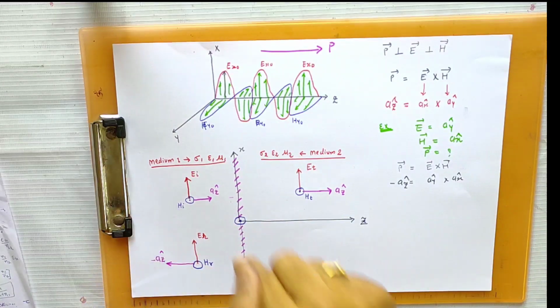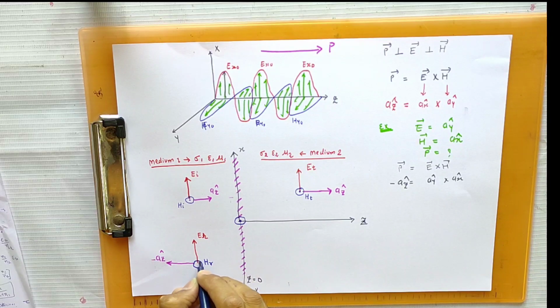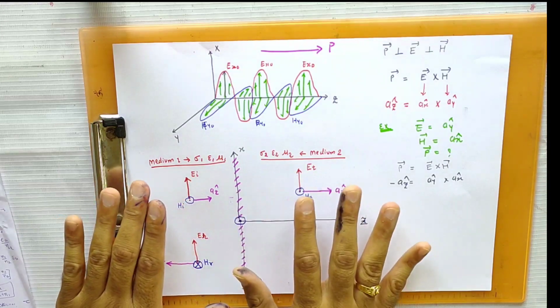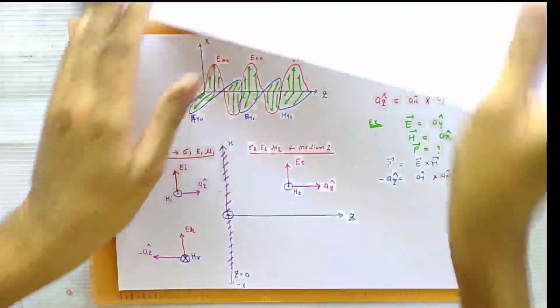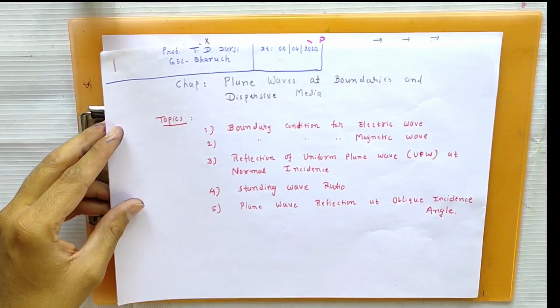The reverse direction is inside of the page, meaning negative y direction, so this cross. So the reflected magnetic wave is in the minus y direction. This is the normal sketch of reflection of a uniform plane wave at normal incidence.